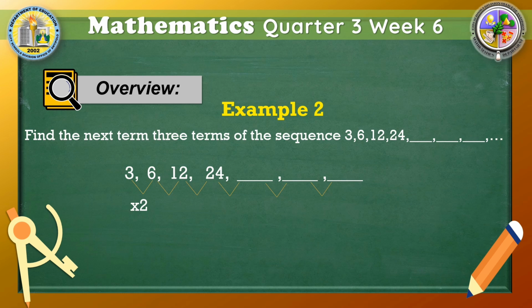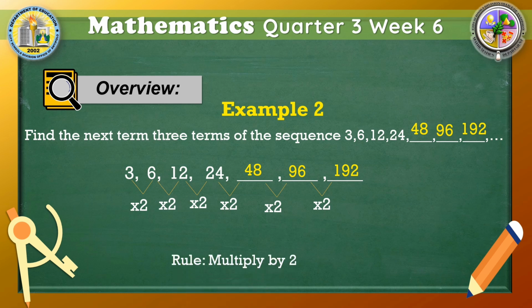Solution: 3 times 2 equals 6. 6 times 2 equals 12. 12 times 2 equals 24. 24 times 2 equals 48. 48 times 2 equals 96. 96 times 2 equals 192. Therefore, the next three terms of the sequence are 48, 96, and 192. The sequence is 3, 6, 12, 24, 48, 96, and 192.